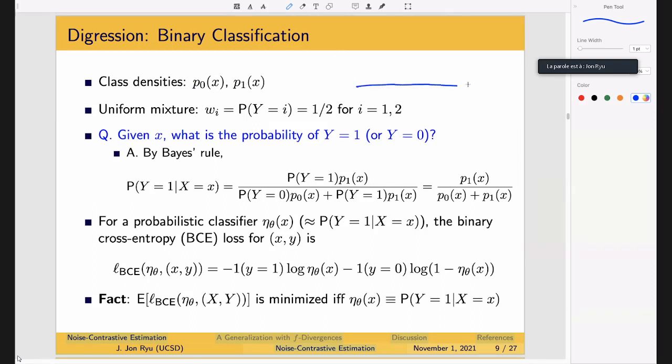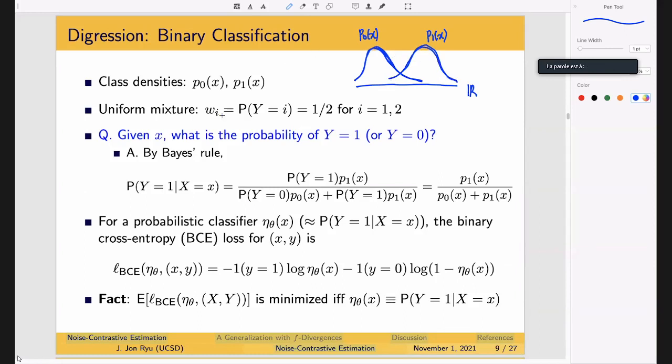In the 1D case, you can consider a mixture of Gaussians for simplicity. So let's say this is P0(x) and P1(x). What I mean by that is, given a label, a data point with label 0 follows this density, and a data point with label 1 follows this density.